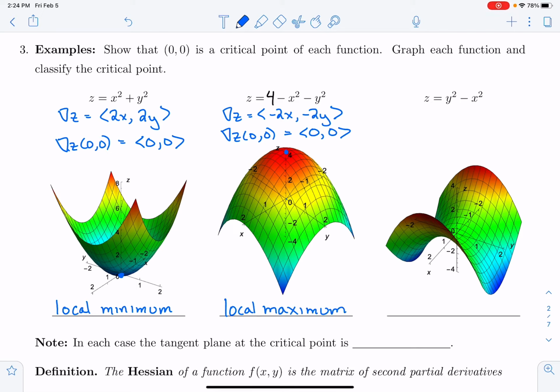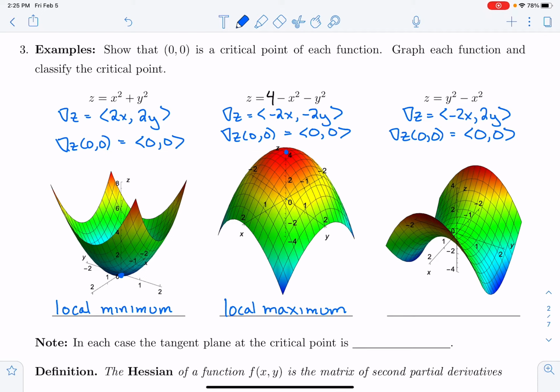Now let's finally look at the function z equals y squared minus x squared. And so here we have the gradient of z. The gradient of z is going to be (negative 2x, 2y). And so the gradient of z at (0, 0) is again going to be the (0, 0) vector. And so (0, 0) is a critical point.